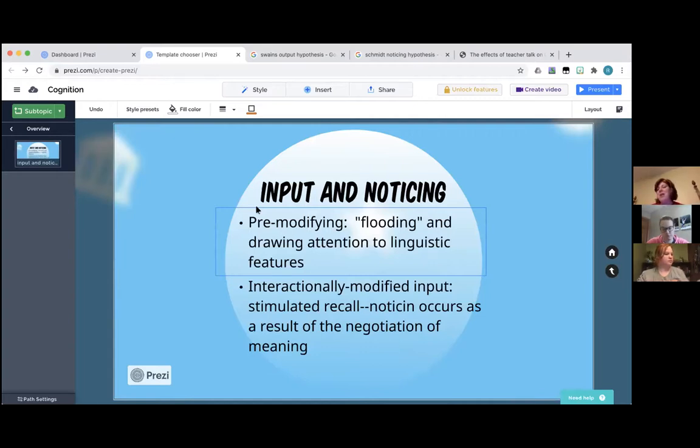We can pre-modify our input by flooding the input with exemplars of a specific feature, or highlighting a specific form through intonation in oral output or by putting it in bold type. Sarah and I had this experience a couple of weeks ago with our CEP class.